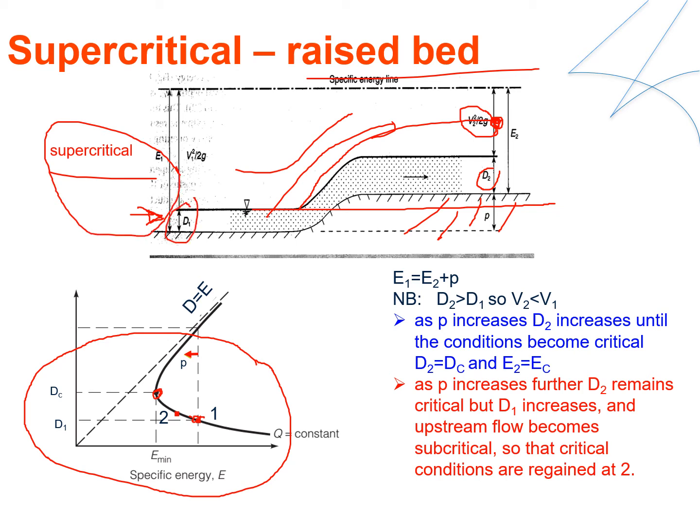So the depth of water suddenly changes from this depth to this depth. Okay, so it switches from supercritical to subcritical depth, which would be like this. So you'll see a significant change in the water height upstream if that happens.